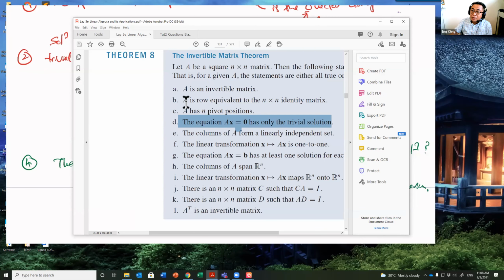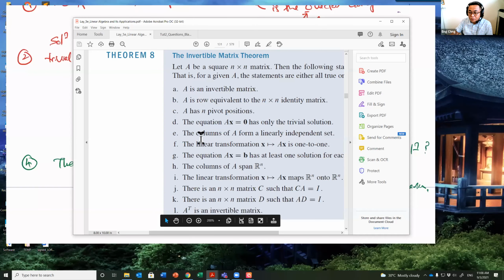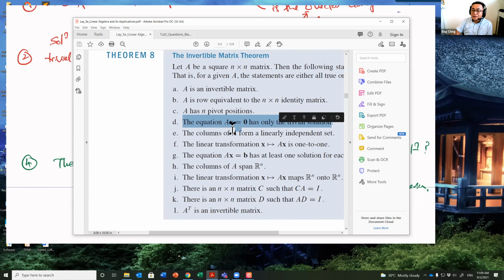And when this is true, everything else is true. Or the other way to say it is when the first line is true, everything else is true. When the second line is true, everything else is true. So all the statements are either true or false.